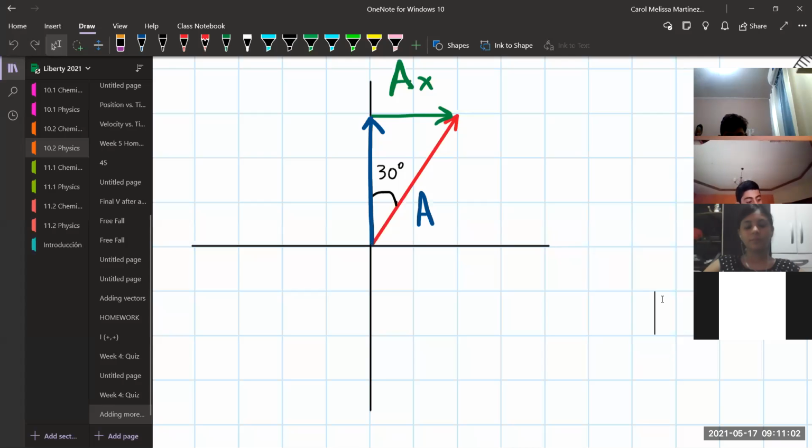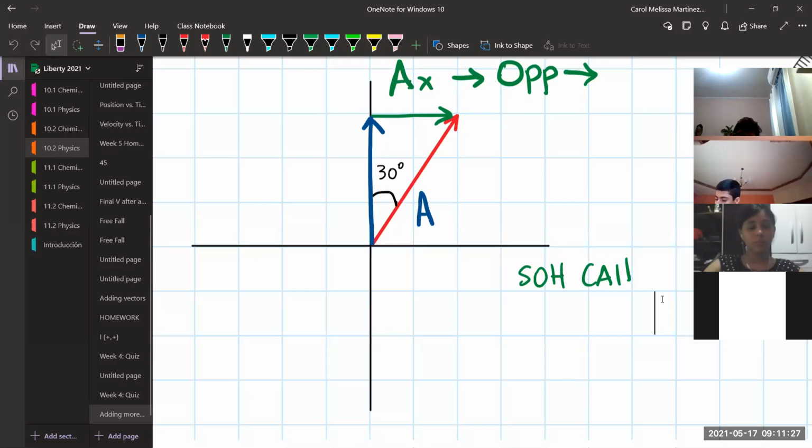Opposite. So what trigonometric function are you going to use? Sine or cosine for opposite? Sine.